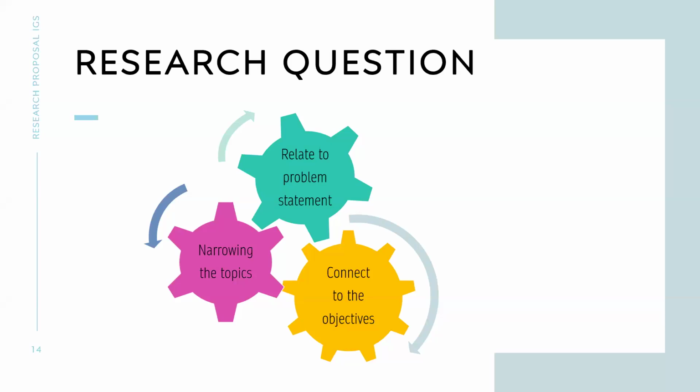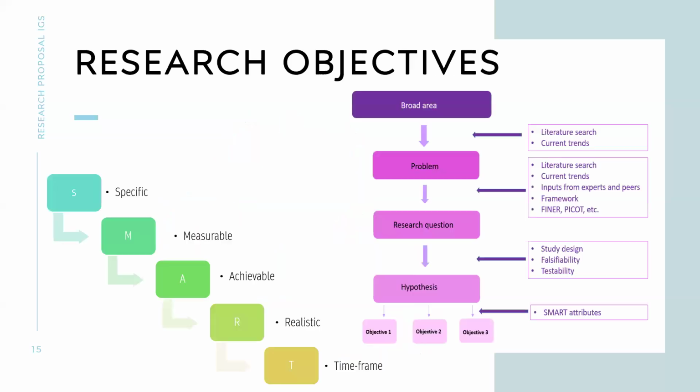For example, for question number 3, you want to know whether the method that you use is correct or not. So the objective should be how to validate the methodology that you use. Can you see it? So the research question can somehow connect to the objective.